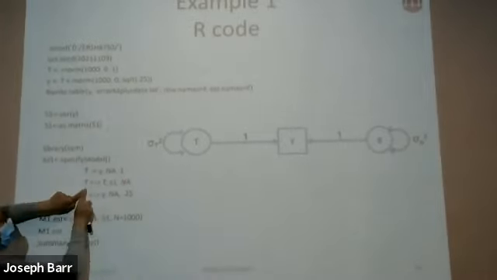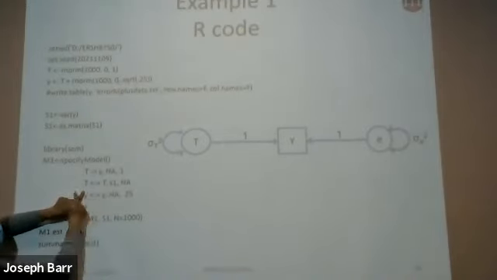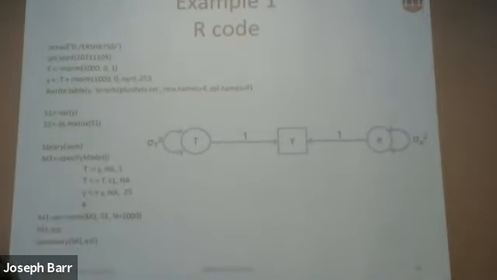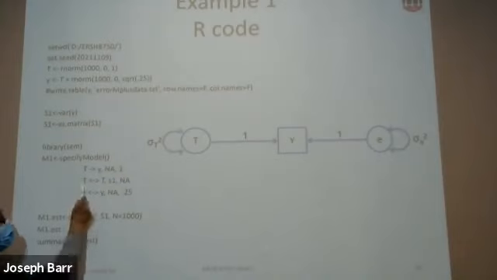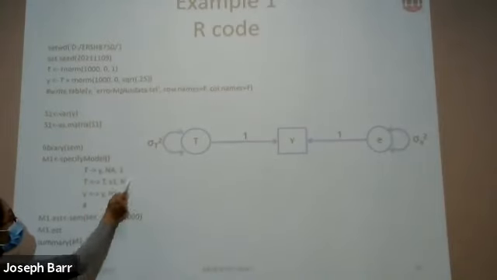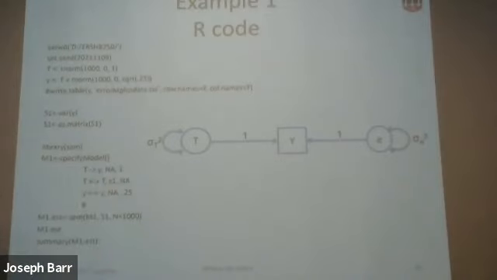And then let's look at this part. What does this mean? T goes to T, the double-headed arrow, S1, NA. What does that mean? Estimate of what?